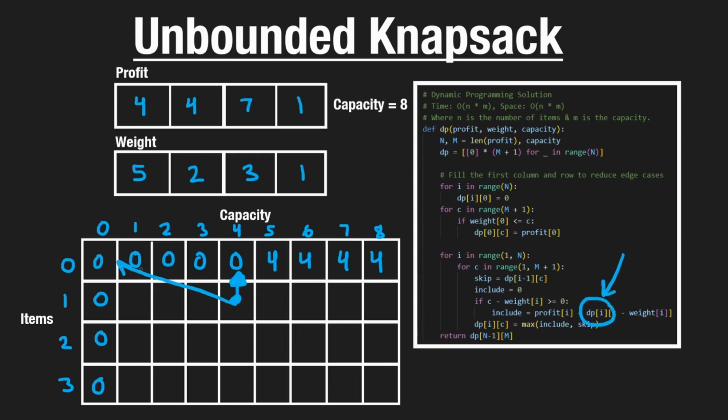It was I-1, but we also ended up taking the current capacity that we're at and decrementing it, not just by 1, but by some variable number, which is the weight of the item that we're adding. So in that case, we saw previously we would go top left, though in this case, we don't have to go top left because our I is going to stay the same. So in that case, we would just go to the left.